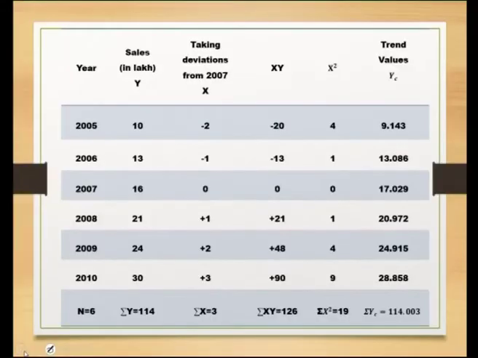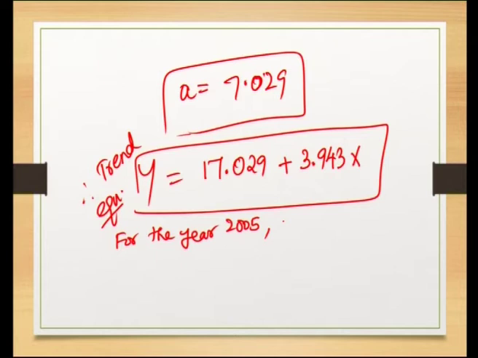For the first value, just see, it is 9.143. This value has to be obtained. For the corresponding x value of minus 2, we should get the trend value. For the year 2005, x is equal to minus 2.